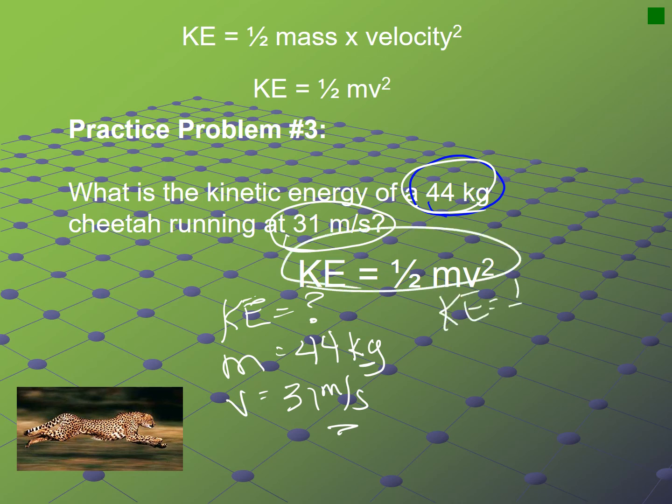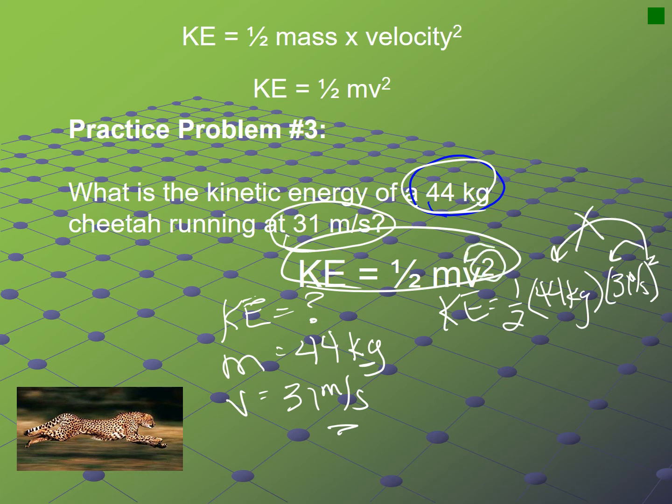That equals 1/2 times m, which is 44 kilograms, times v, which is 31 meters per second, squared. Notice I am squaring the 31. I am not squaring that 44. That squared is only associated with that v. So when I type into my calculator, I'm going to do 0.5 times 44 times 31 squared.